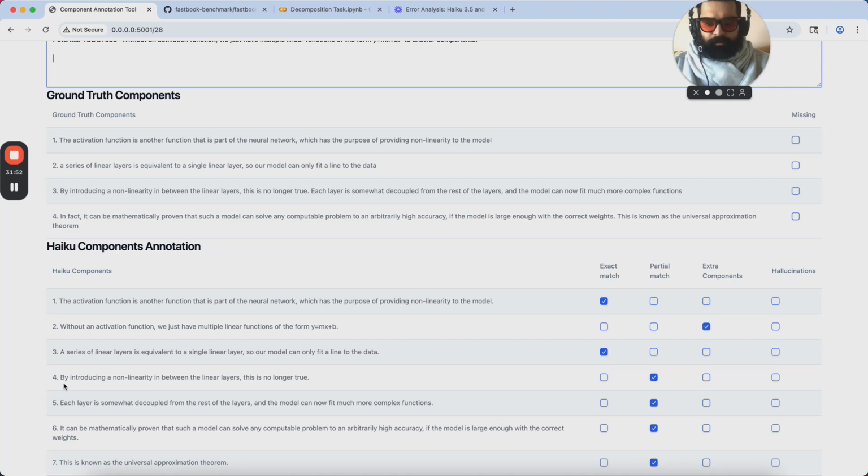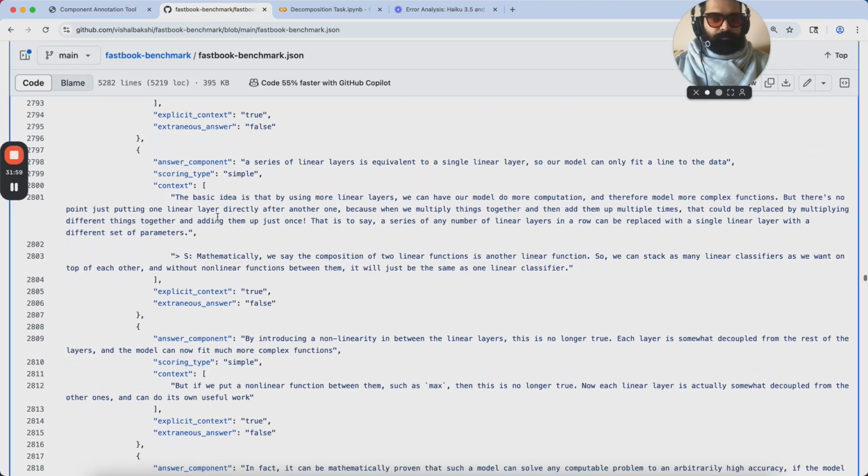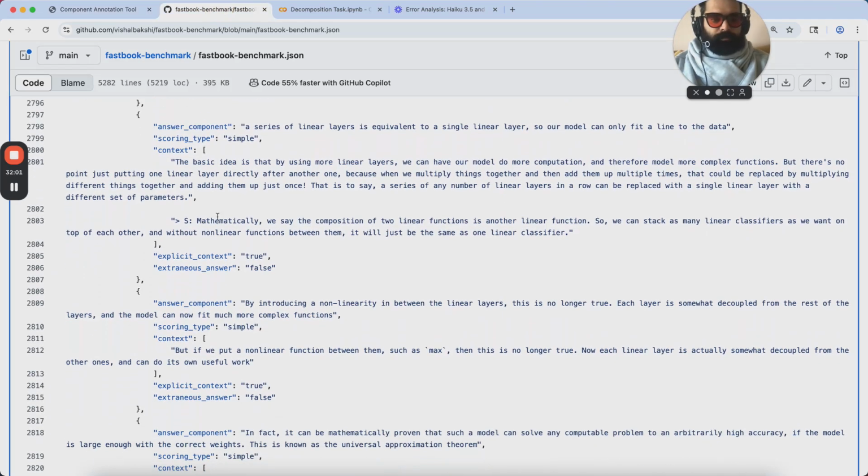Exact matches are fine. By introducing a nonlinearity between the linear layers, this is no longer true. Each layer is somewhat decoupled. Yeah, that's fine.